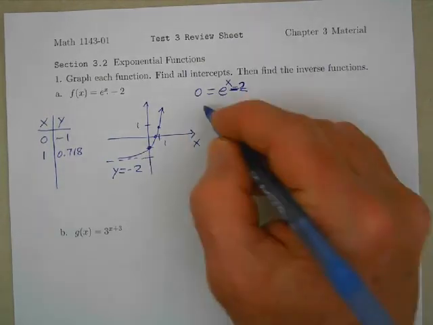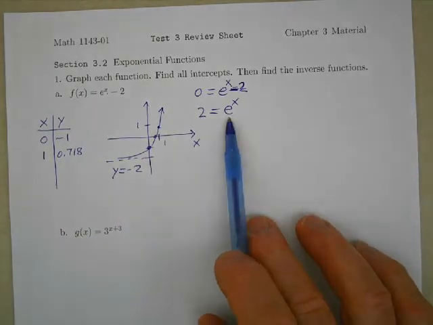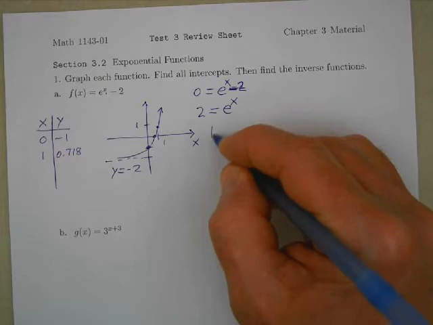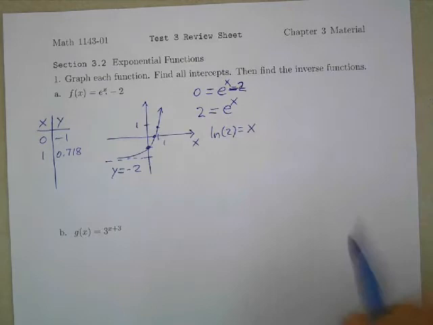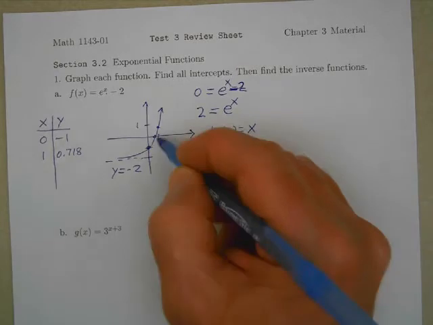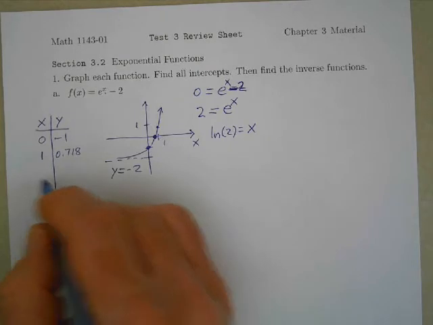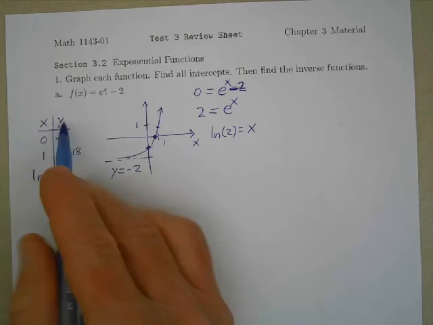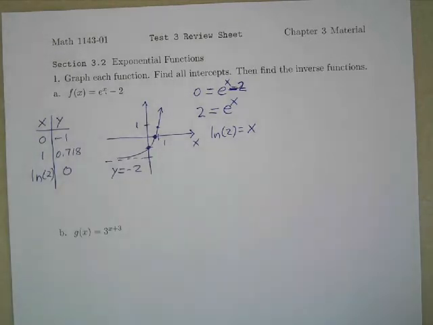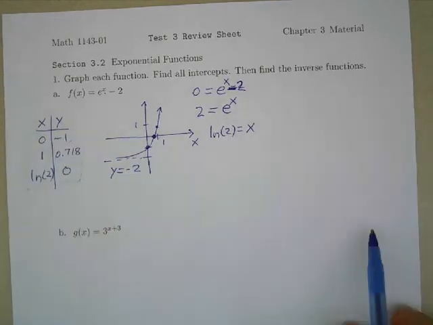So add 2 to both sides, we get 2 equals e to the x, and then take the natural log of both sides, we get the natural log of 2 equals the natural log of e to the x, which is just x, and the natural log of 2 is about 0.693, so that looks like it's in the ballpark. So in other words, when x is the natural log of 2, the y-coordinate is 0. So this is the x-intercept, and 0, negative 1 is the y-intercept.